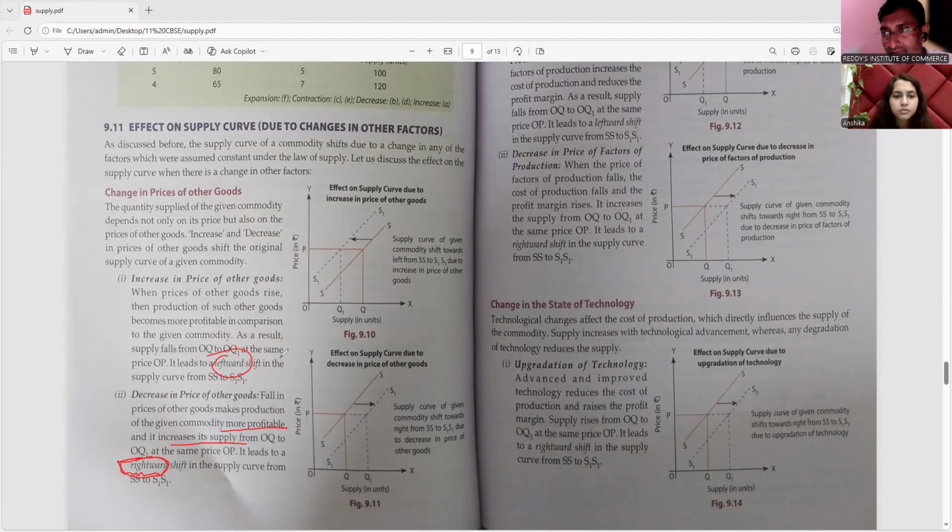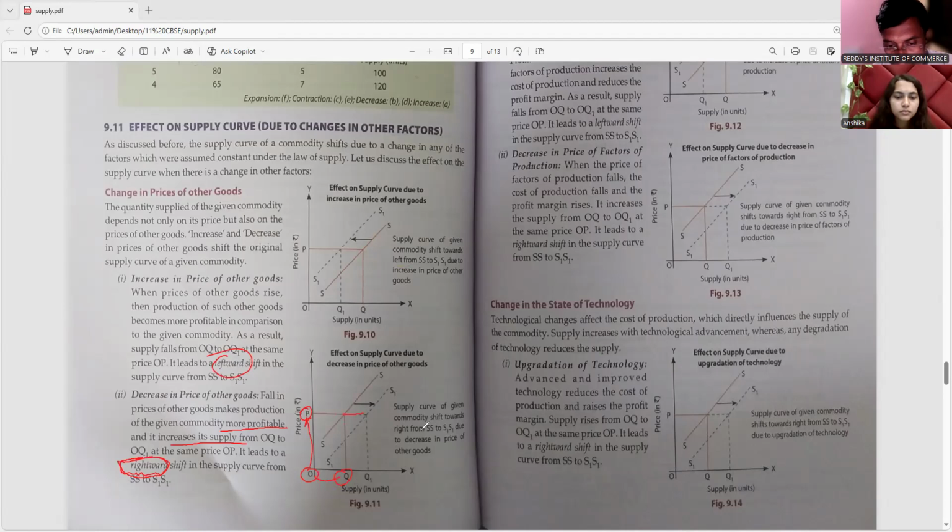Are you getting it? Now see, here the price is OP, then supply was OQ. But when the price remained the same, supply was increased suddenly.